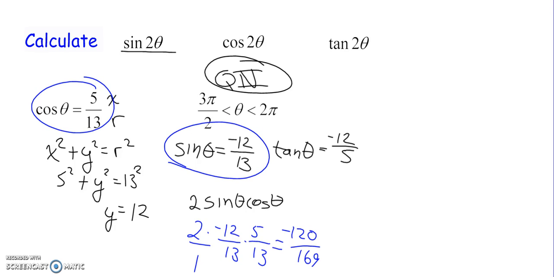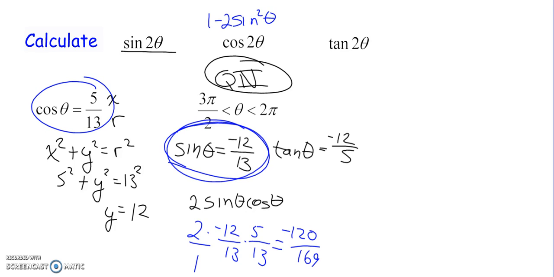Negative 120 over 169. Now we're going to do the same thing for cosine. And again, for cosine, you have 3 ways to do this problem, so don't feel like you have to do it my way. I'm going to use 1 minus 2 sine squared theta. Forgot the 2. There's the 2 in the formula. And now I use, again, this information right here.